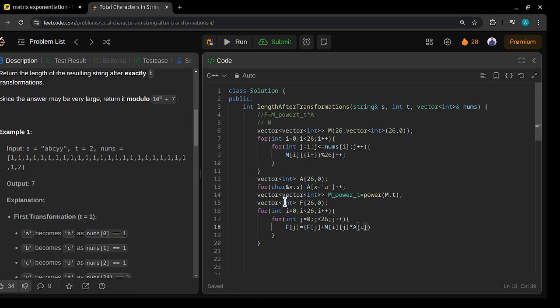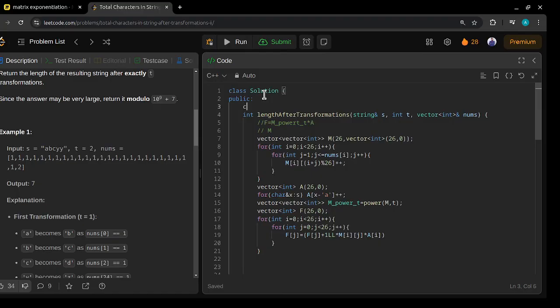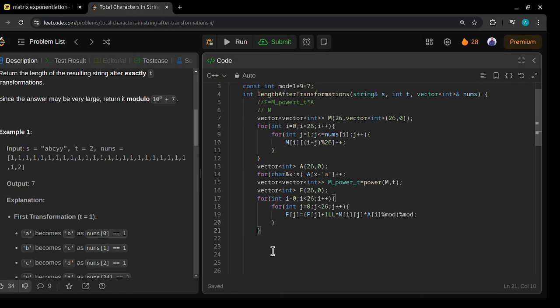I may have overflow here, so I have to make it long, and again I have to take the modulus. So let us make int mod equal to 1e9 plus 7, and I have to do the modulus, and after summing also I have to do mod.